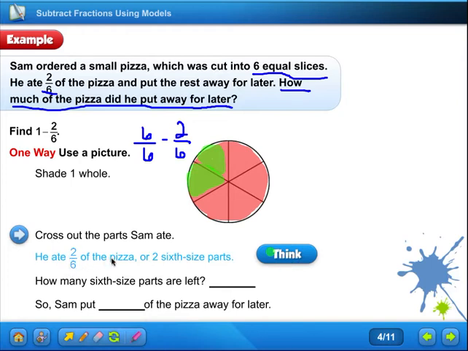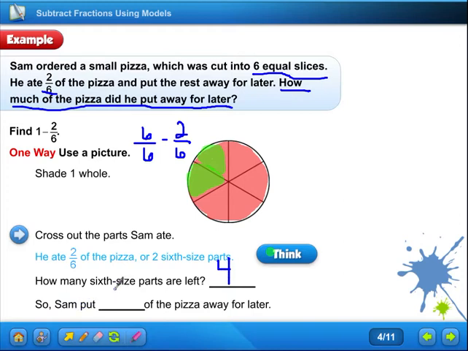He ate 2 sixths of the pizza. He ate 2 sixth-size parts. 2 of those parts are gone. He ate them. How many sixth-size parts are left? So how many does he have left? He has 1, 2, 3, 4. He has 4.